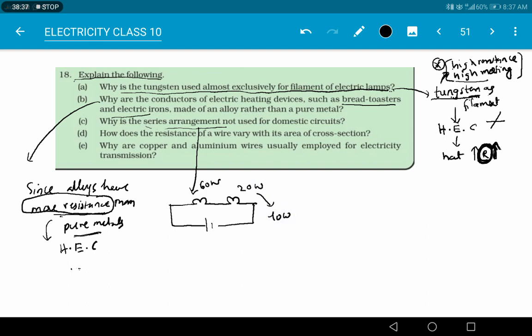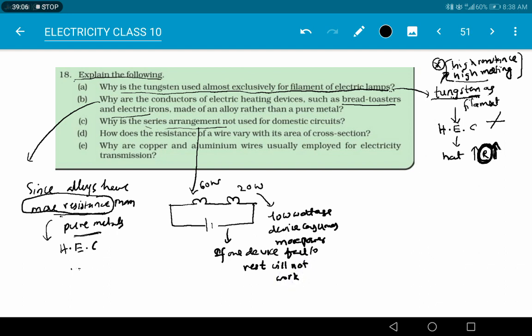Okay now, a low wattage device consumes more power. Then what is one more? If one device fails to work, the rest will not work.